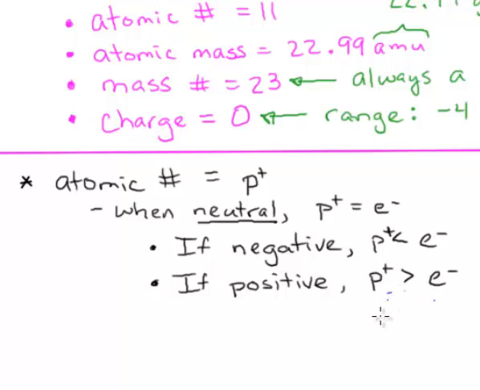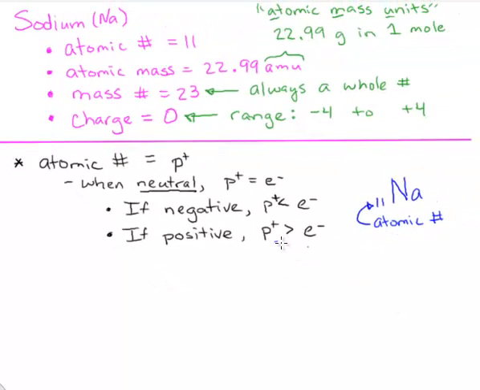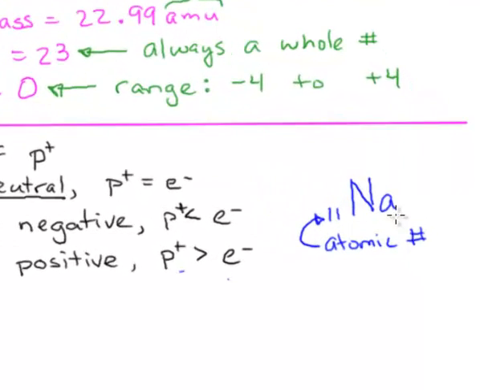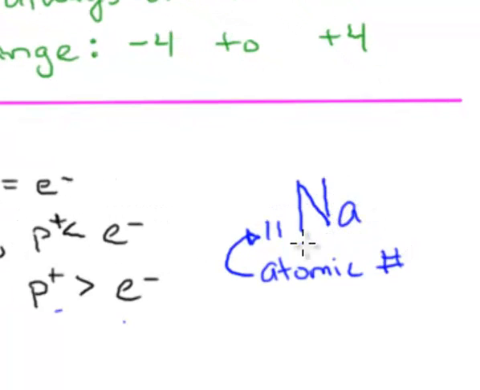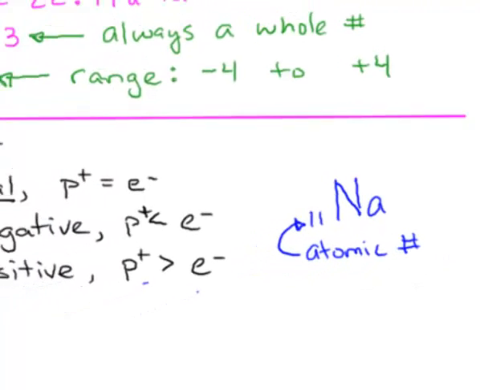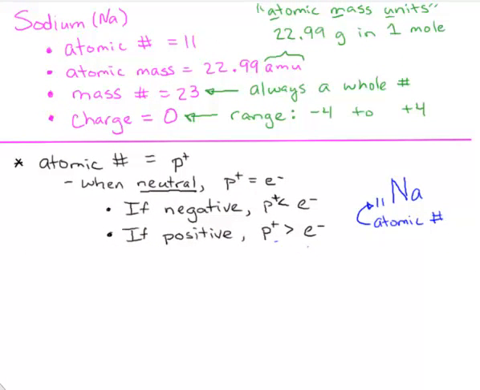Kind of makes sense. Protons are positively charged, electrons are negatively charged. The way I write appropriate notation, because this slide is all about appropriate notation, we have our symbol Na, and then as a subscript before the element symbol, we'll write 11, representing the atomic number of that element, sodium.